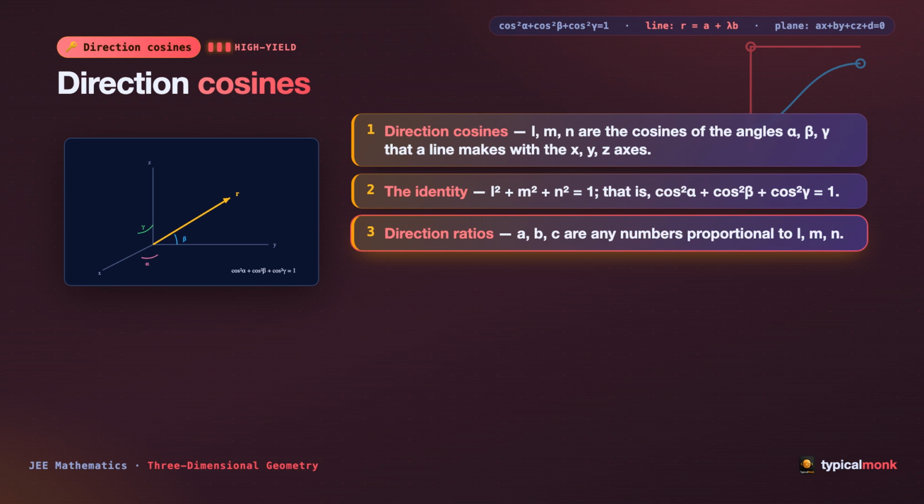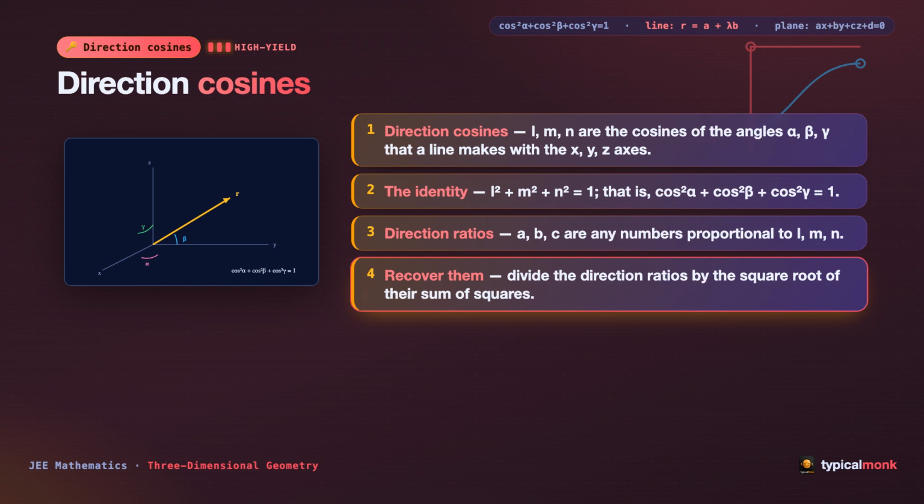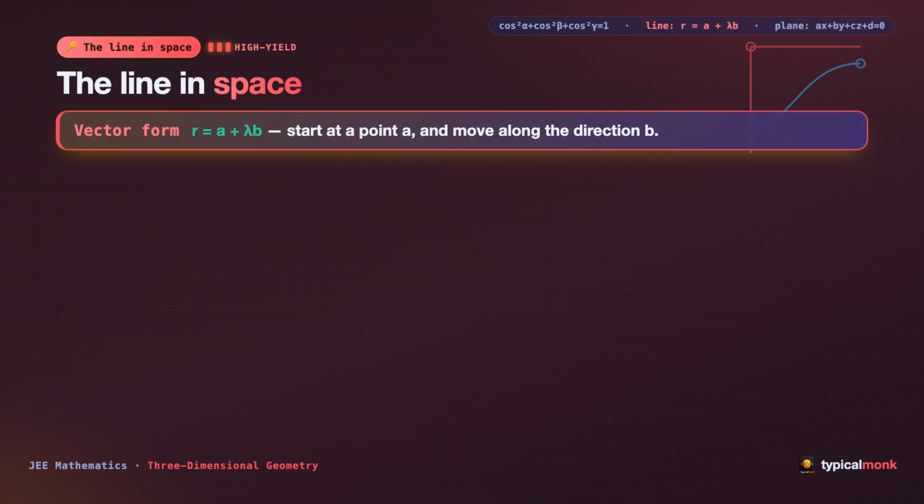Direction ratios a, b, and c are any numbers proportional to l, m, and n. Recover them. To get the direction cosines back, divide the direction ratios by the square root of their sum of squares.